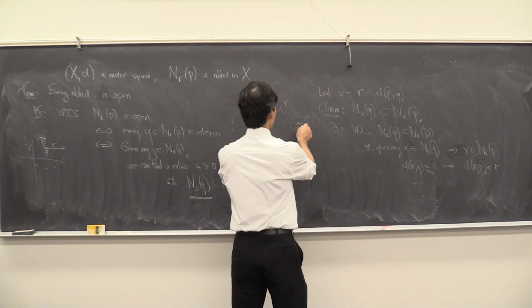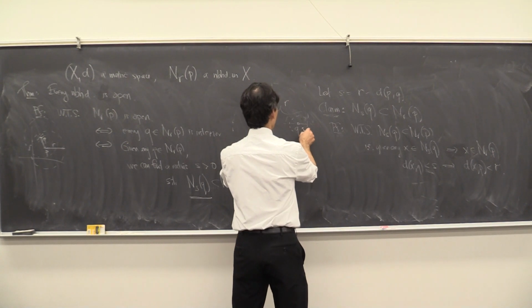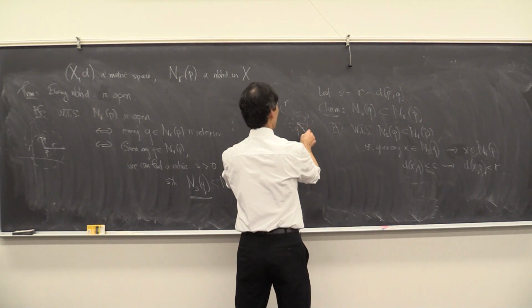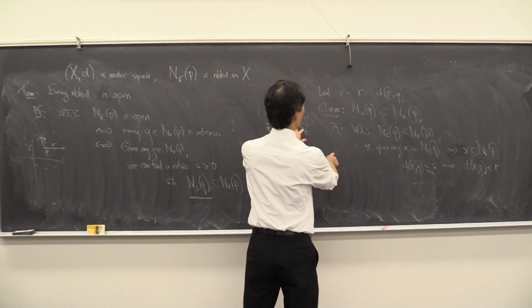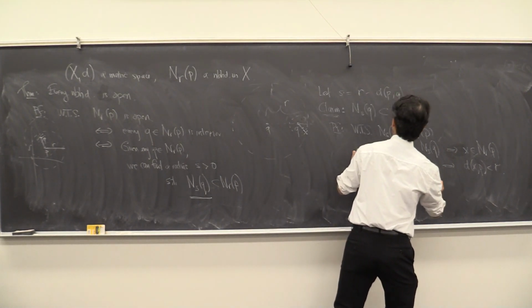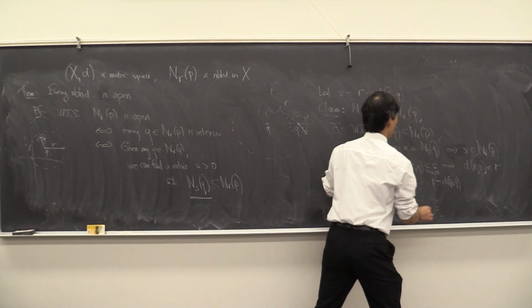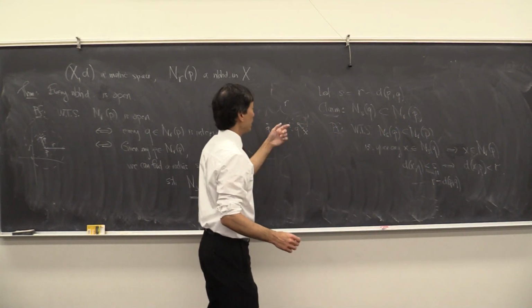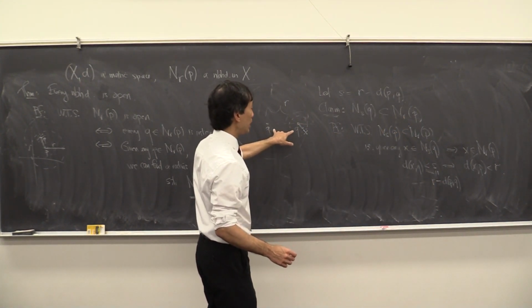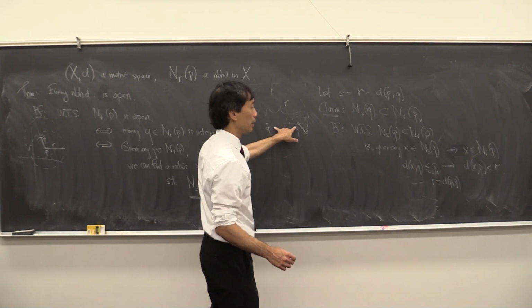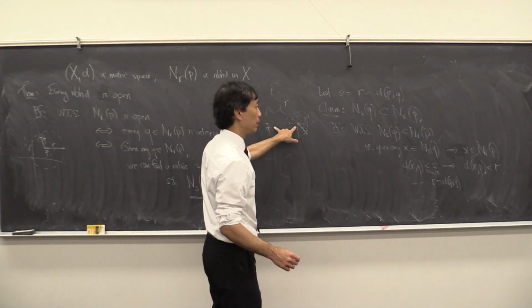Remember, S is R minus the distance from P to Q. So if the distance from x to Q is less than S, then the distance from x to P must be smaller than R.